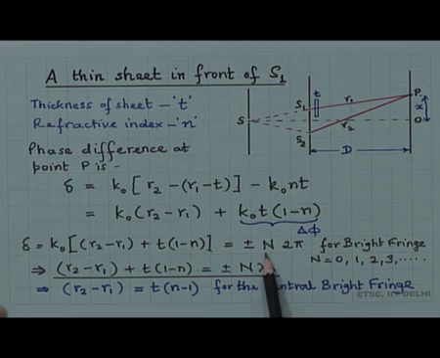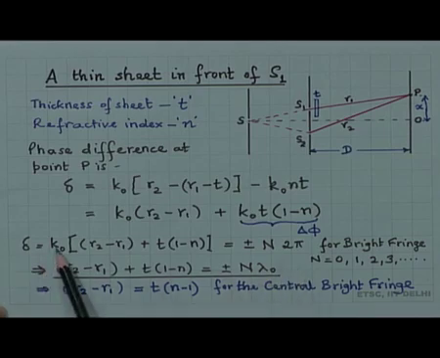Therefore, I have used capital N, which is nothing but an integer 0, 1, 2, 3 etcetera, plus or minus N times 2 pi for bright fringes. In other words, if we write k0 as 2 pi by lambda 0, then 2 pi cancels on both sides, and we have R2 minus R1 plus t times 1 minus n equal to plus or minus N lambda 0, where N is the order of the fringe.